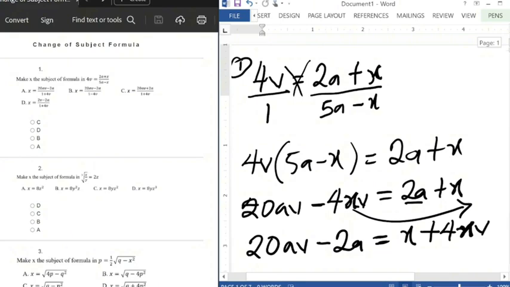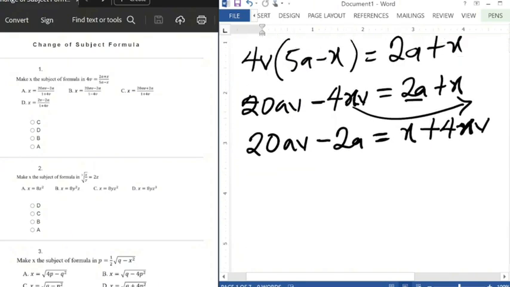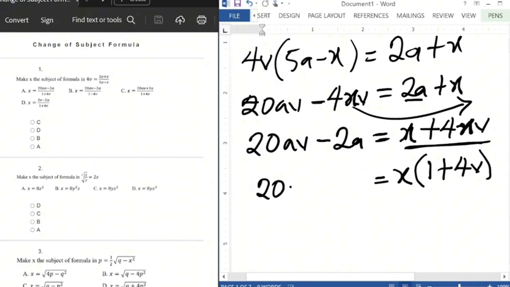So the next stage, you now look at this. What can you do? We must have only one x, and we have two here. So what we are expected to do is to factorize. When we factorize, x is common, so we're going to have x times (1 plus 4v), and then we have 20av minus 2a.